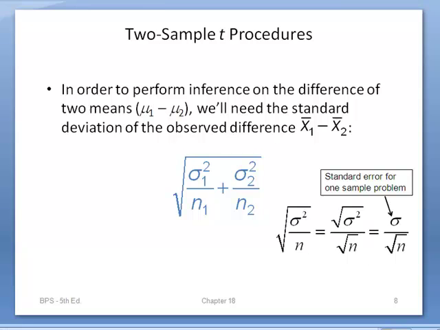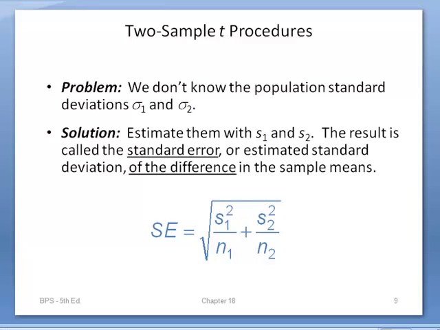So very clearly we can see the progression: the square root of sigma squared over n, you can take the square root of the numerator divided by the square root of the denominator, and you end up with what we're used to looking at as the standard error. So it is truly the same thing. But in this problem, we don't know the population standard deviation, so we're going to have to do an estimation.